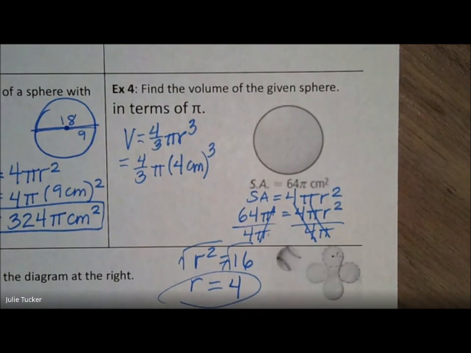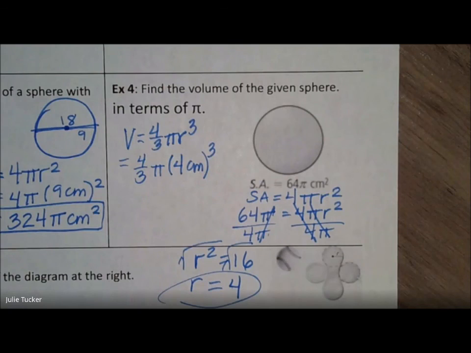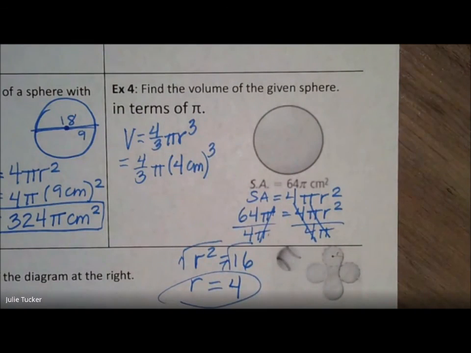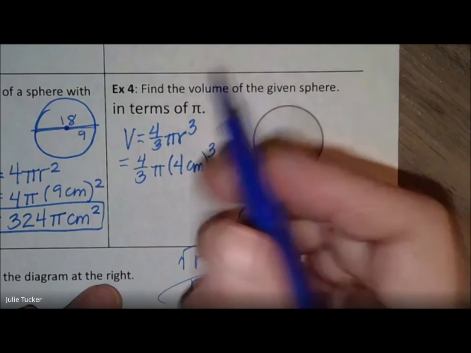So then I have to do the math. So I need to go get a calculator for that. Okay, so 4 to the third is 64.